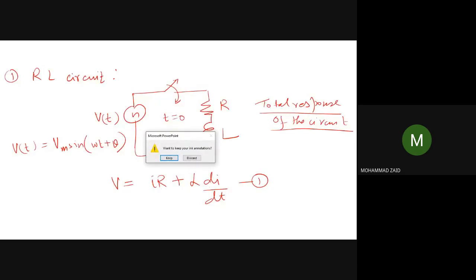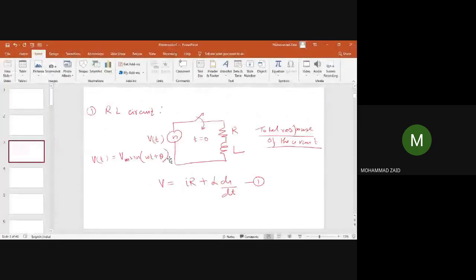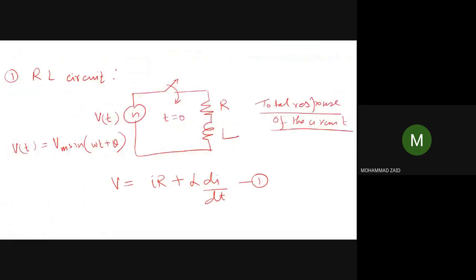So what we can do, if we know that the excitation of the circuit is AC, then the response of the circuit should also be AC. It is clear up till now?